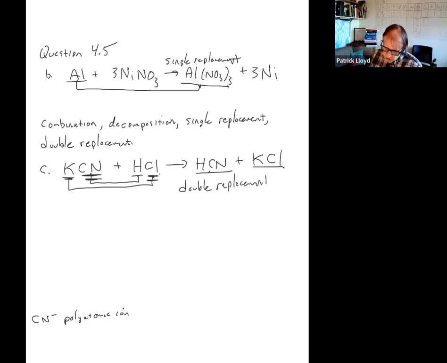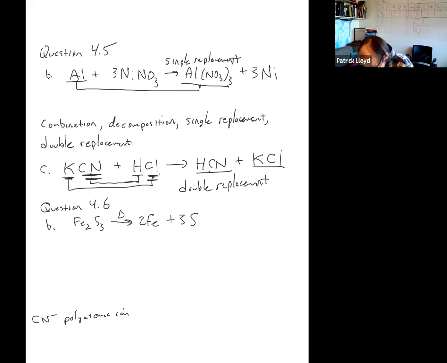Okay, so single replacement, double replacement. There must be a decomposition in here. So let's do question 4.6 and let's do B. So B is Fe2S3 is being heated to 2Fe plus 3S. Take a look at what happened here.